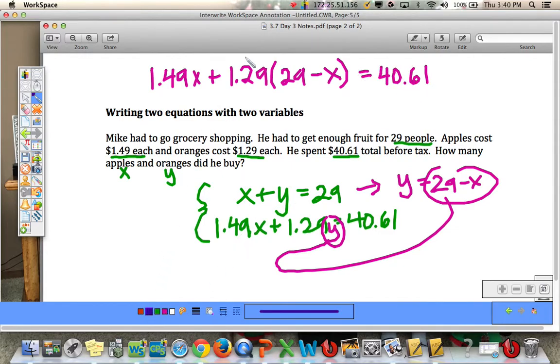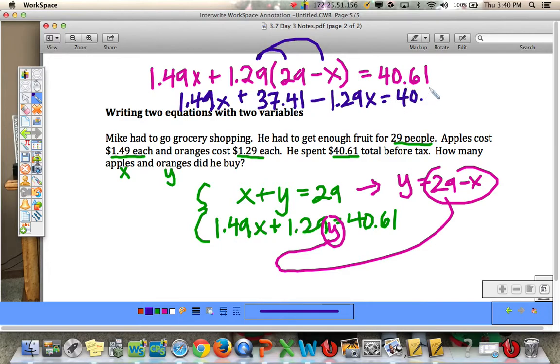Go ahead and distribute this. You're going to multiply this out. So you're going to have $1.49x plus, and I'll need my calculator to calculate this. So $1.29 times 29, 37.41, minus $1.29x equals 40.61.